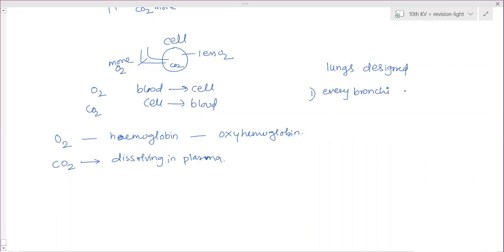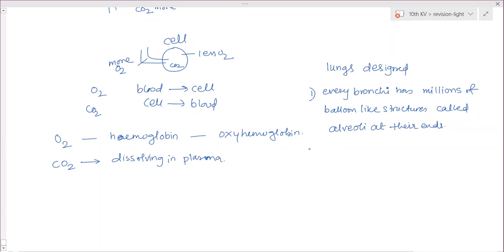Every bronchus has millions of balloon-like structures called alveoli at its ends.